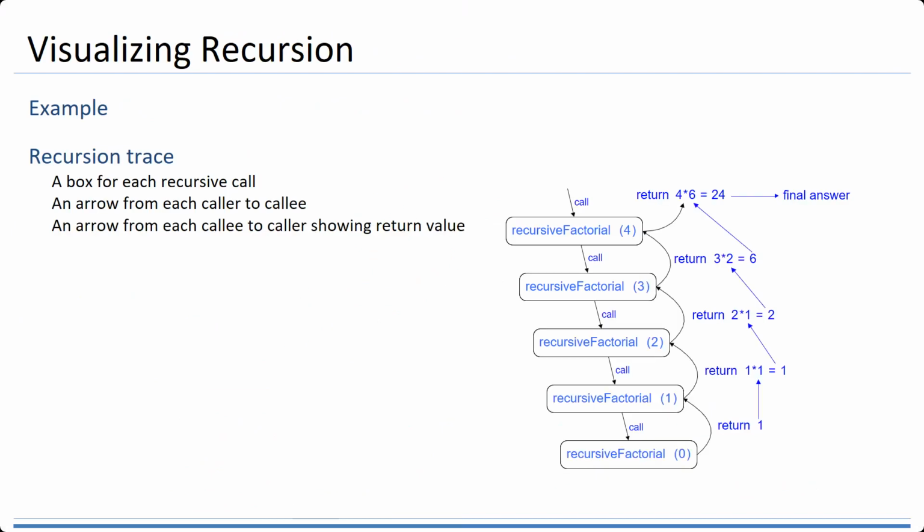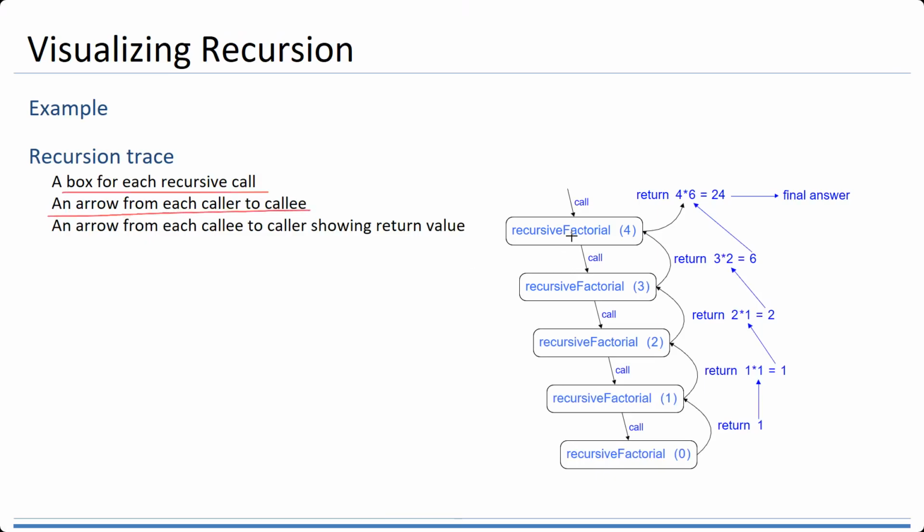In order to see how the code works, we can look at this kind of visualization. We have a box to show each recursive call, and an arrow from the caller to the callee.